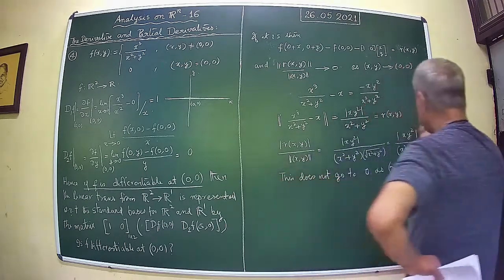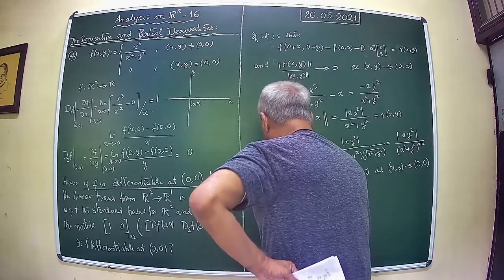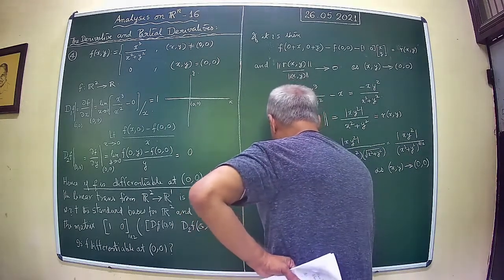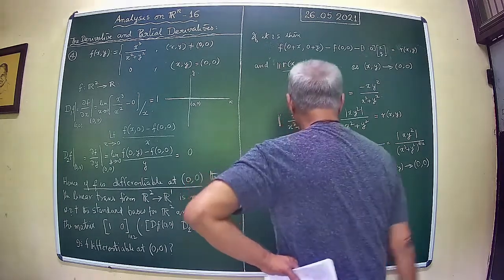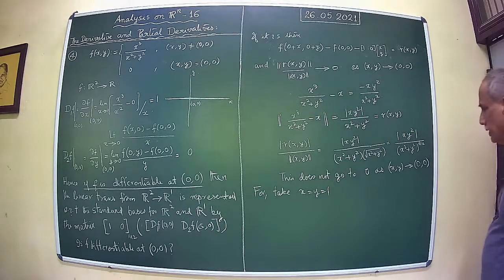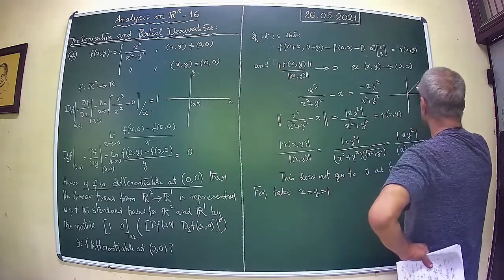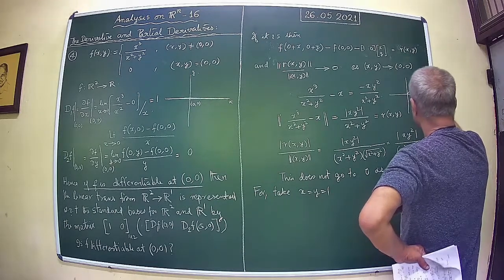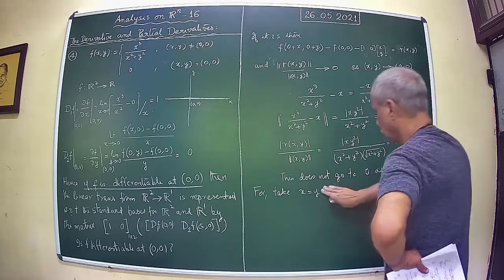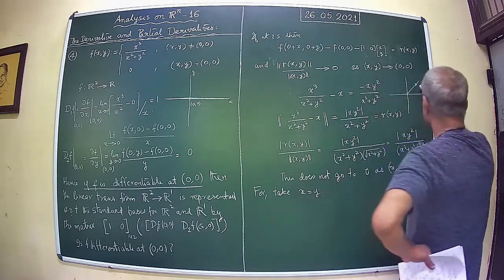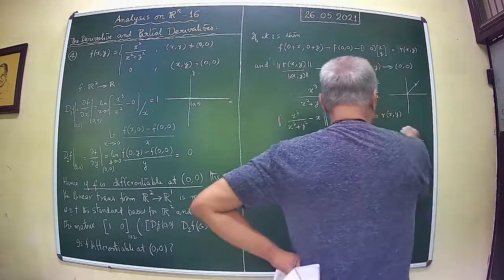So we will show you this along this line. Take x equal to y. So this is the line x equal to y. Then what happens?